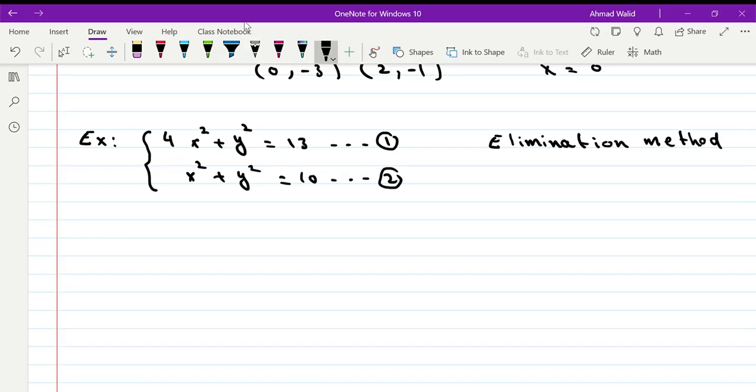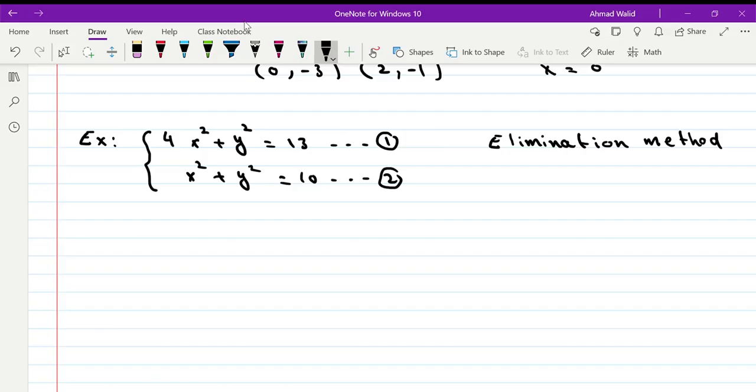You have to make the coefficient of one of the variables equal but opposite in sign to eliminate. Which variable in this system is easy? You see, you have y squared and you have y squared. If you multiply one of the equations by -1, you can easily eliminate y.